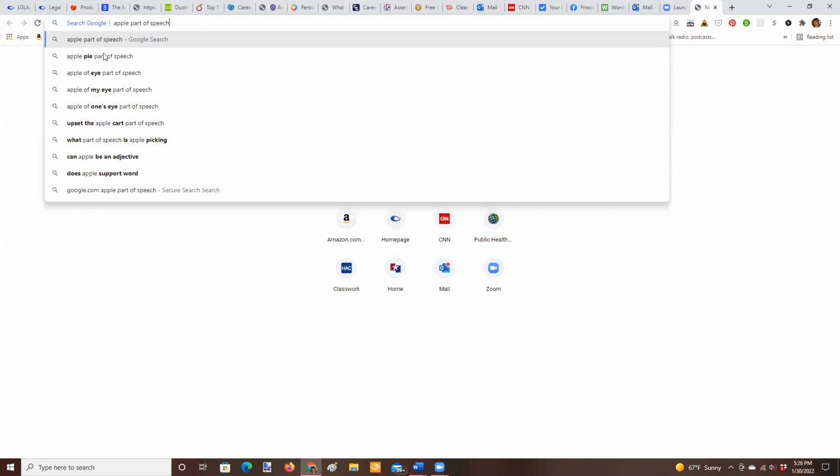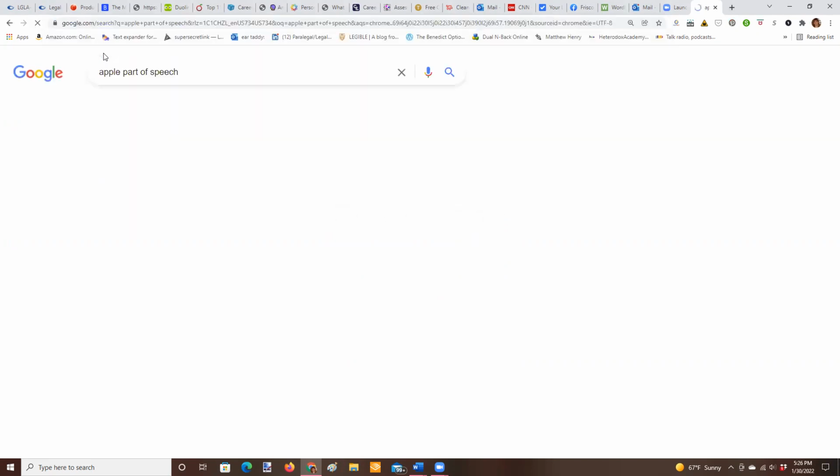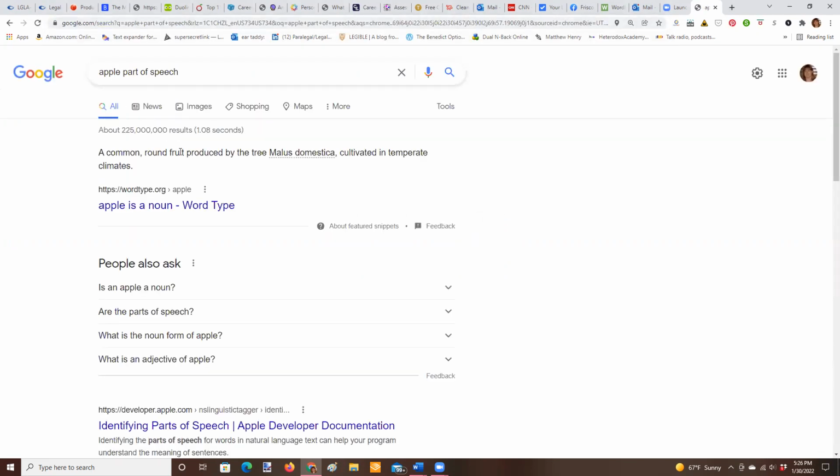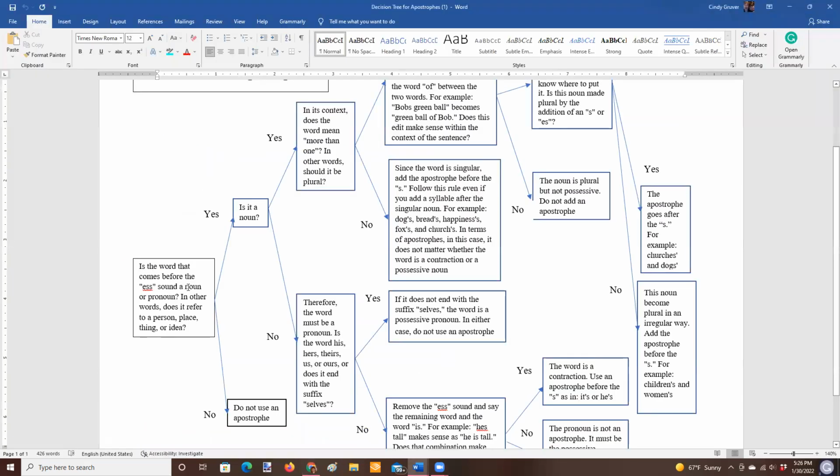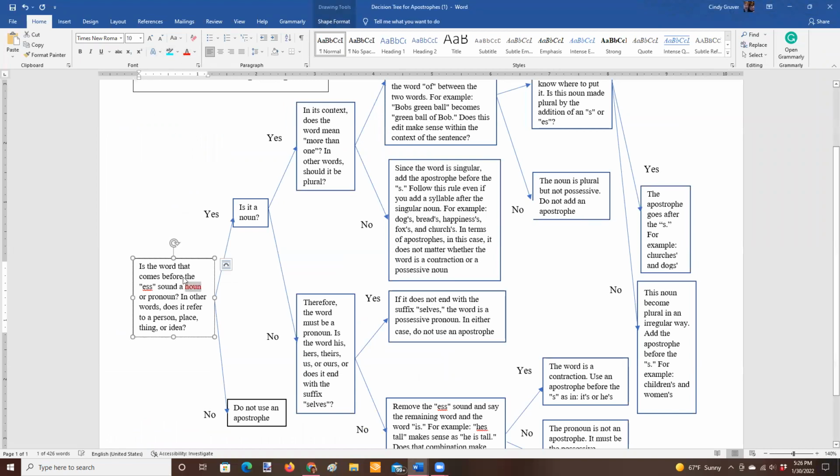I think most of us know that apple is a noun, it's a thing, but some of us might not. And if we don't, we can see that we're learning right here, apple is a noun. So for the example that we're working with, we know it is a noun. It's not a noun or pronoun, it's just a noun. And we know it's a noun because it refers to a thing.